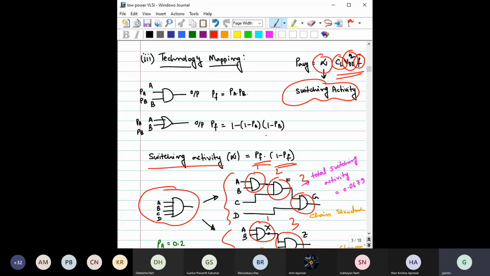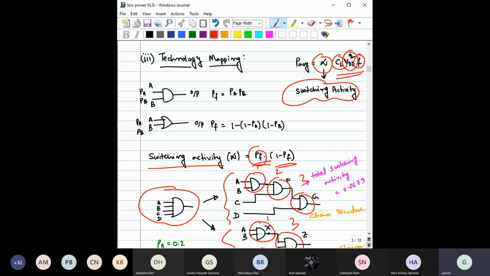So if we know the probability of having 0 at the output, and the probability of having 1 at the output, and we multiply these two, then we get the transition probability. That is basically what we are doing. Switching probability is basically PF into 1 minus PF. If PF is the probability that the output would be 1, then 1 minus PF is the probability that the output would be 0, right?